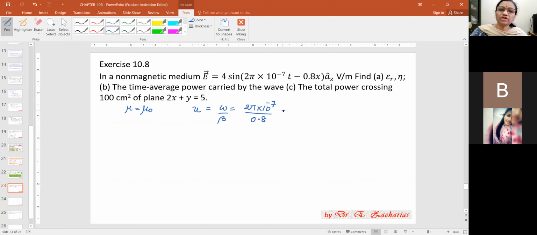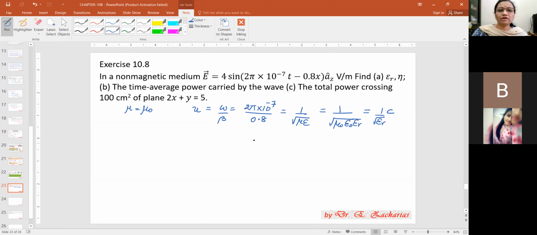Okay, and you know that u is also equal to 1 by under root of mu epsilon. Okay, or in this case, I can write it as 1 by under root of mu naught epsilon r. Or I can write it as 1 by under root of epsilon r, and then I'm left with 1 by under root of mu naught epsilon naught, which is c. Okay, so now you can get your under root of epsilon r.